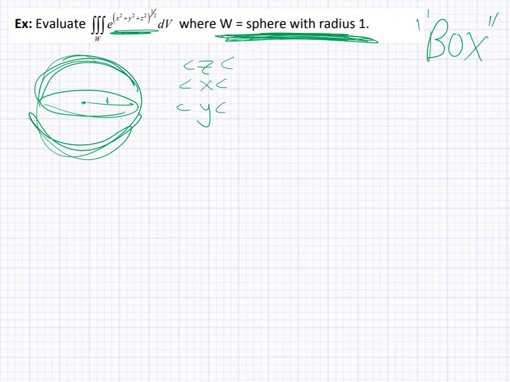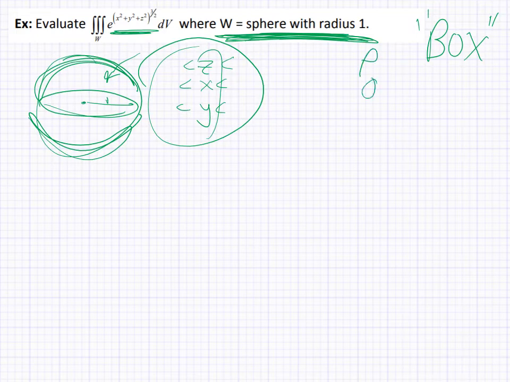So what do we have to do? We have to do three things. We have to convert this region that is defining the sphere from x, y's, and z's to rho, phi, and thetas and figure out what all those are between. We need to convert this function to rhos, phi's, and thetas, and the differential has to be converted over to rhos, phi's, and thetas.